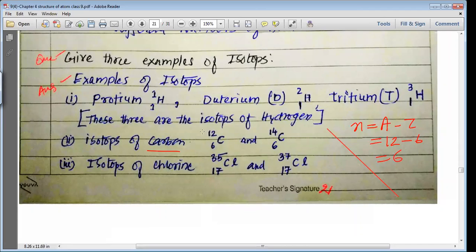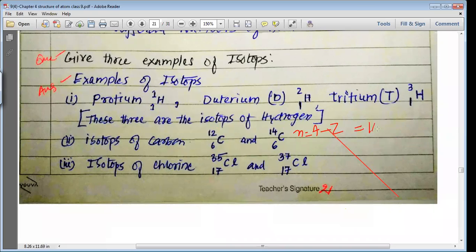So in this case of carbon, the number of neutrons is equal to 6. But if we look into this carbon, the number of neutrons N is equal to A minus Z.